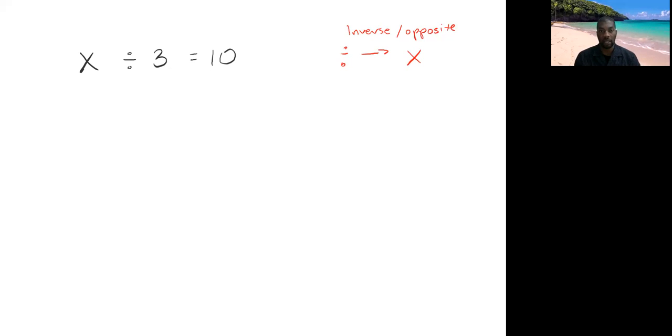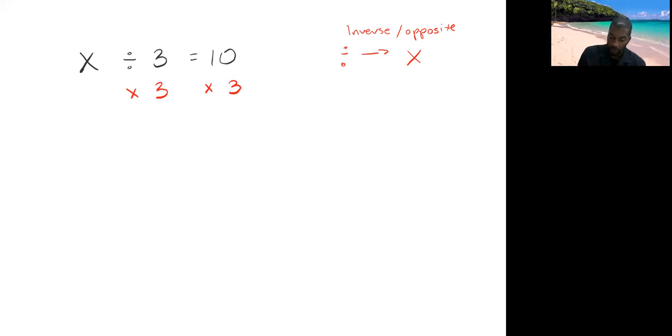Therefore, instead of dividing by 3, what I should do underneath it is multiply by 3. Now, when I multiply on one side to keep balance, I need to multiply on the other side. So now everything is balanced again.